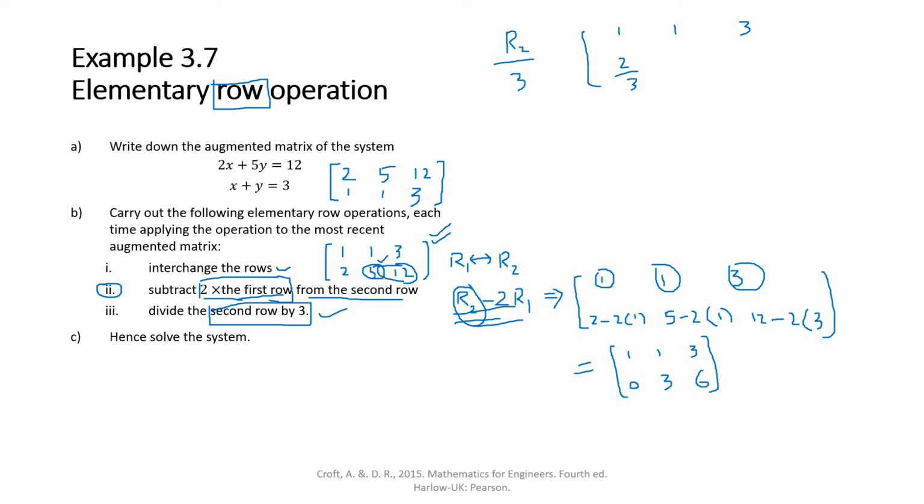Now the second row, it is 5, so 5 divided by 3, and this one is 12, so 12 divided by 3.